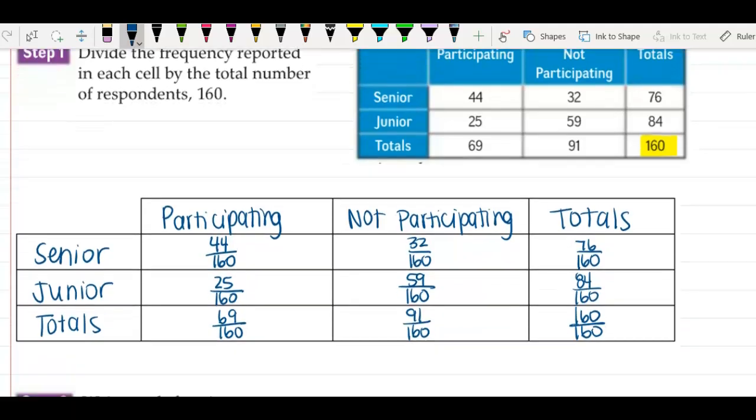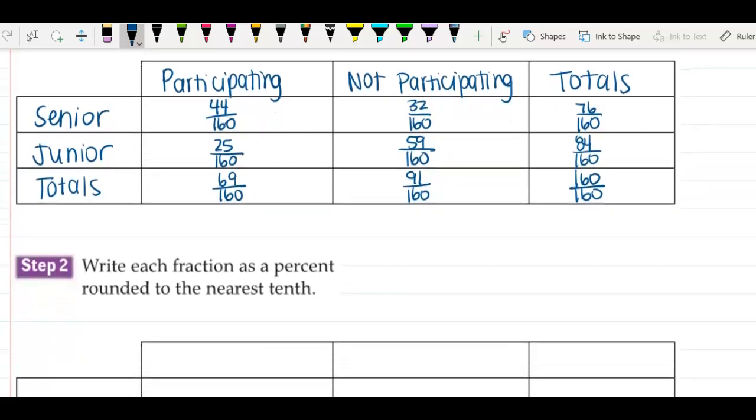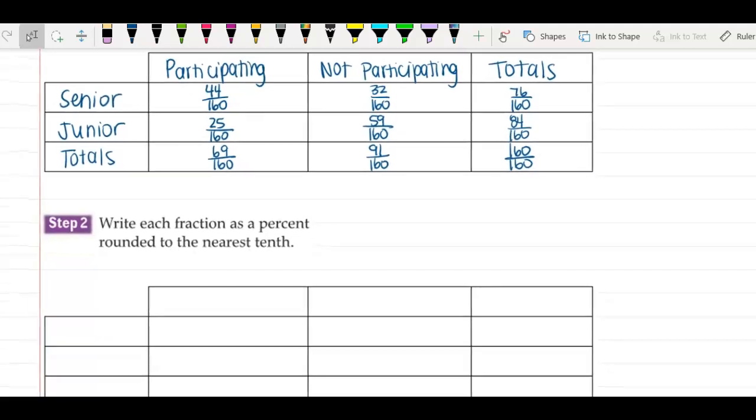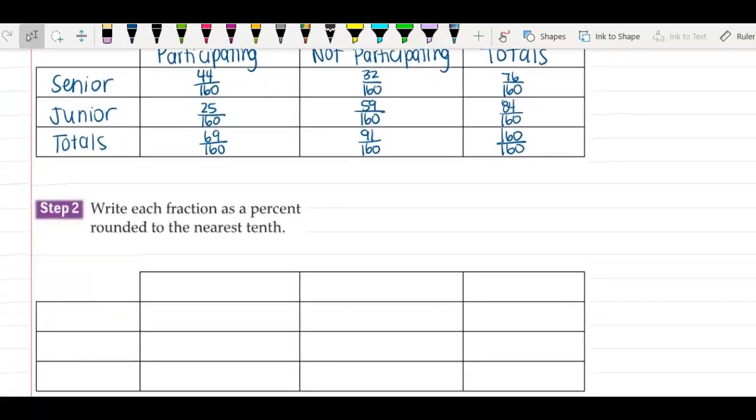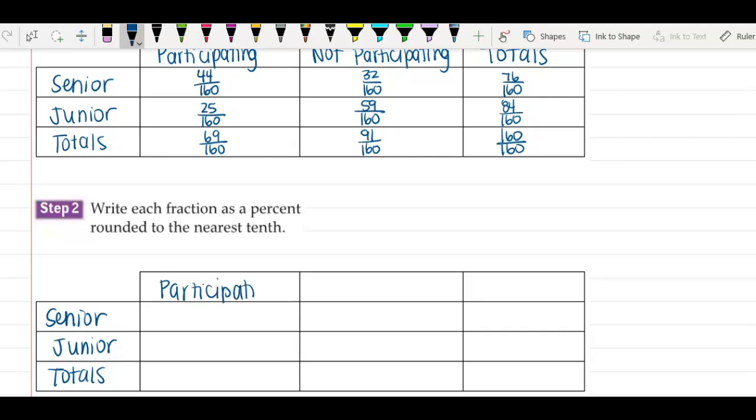Then the next thing, once we have it as a fraction, is to write these as percents to the nearest tenth. So our labels are going to stay the same: senior, junior, totals, participating, not participating.